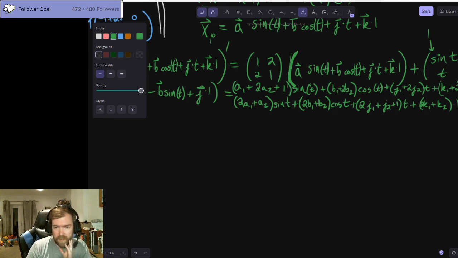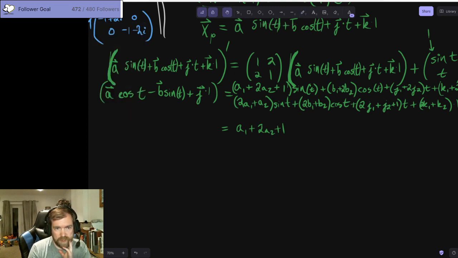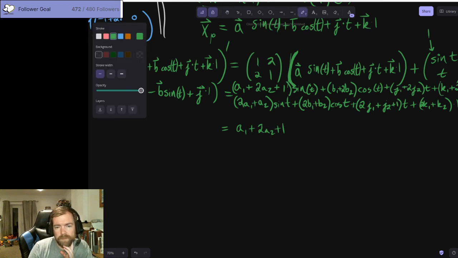Okay. So for sines, we get a1 plus 2a2 plus 1. It's going to be equal to negative b1.